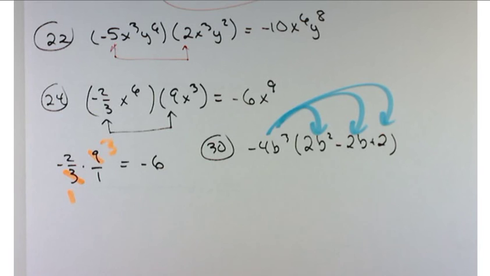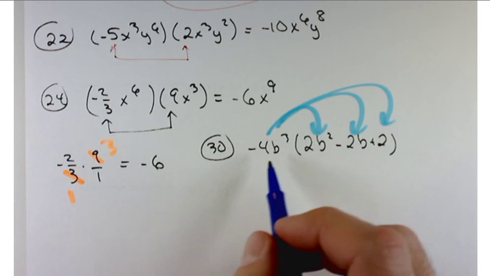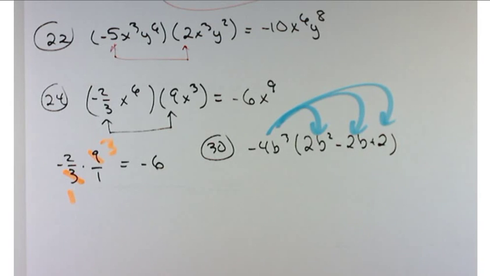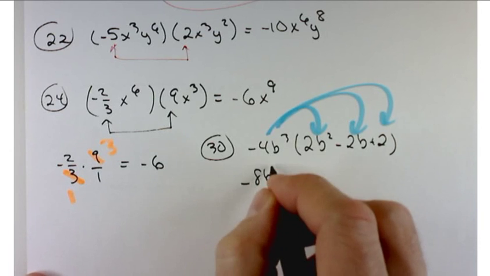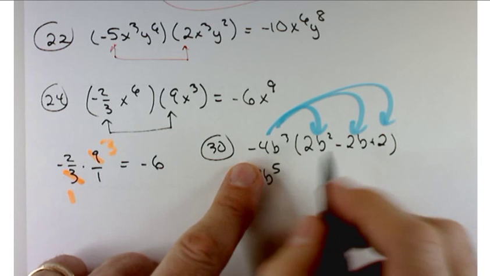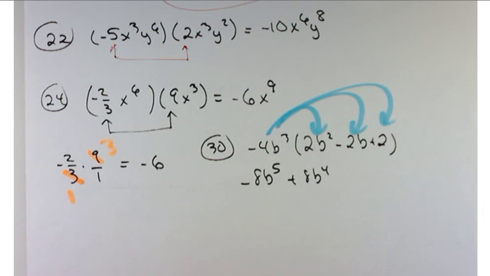So let's start with the first one. Jess, maybe you can help me with the first one. Negative 4b cubed times 2b squared. Good. Negative 8b to the 5th. Jenna, how about the next one? Good, plus 8b to the fourth. Casanea, sorry.